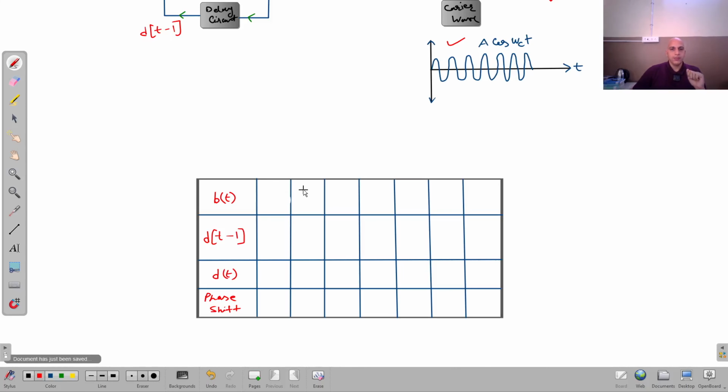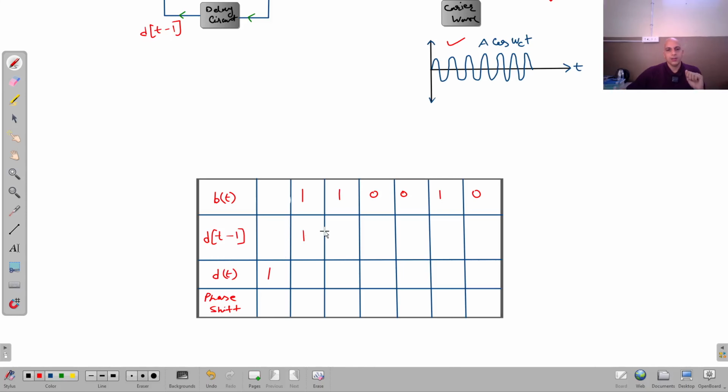The bit stream was 1 1 0 0 1 0, and d(t) is the initial bit that I transmitted, which is 1, and then we will get d(t minus 1). So d(t minus 1) is obviously 1.